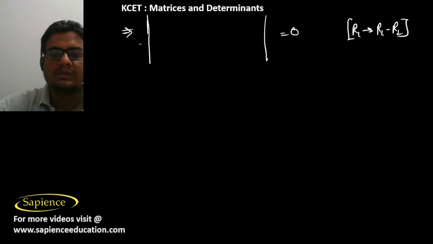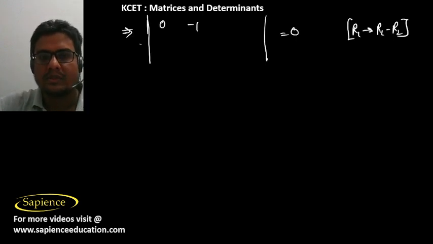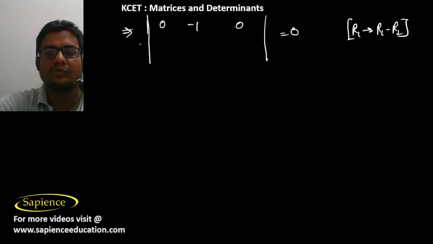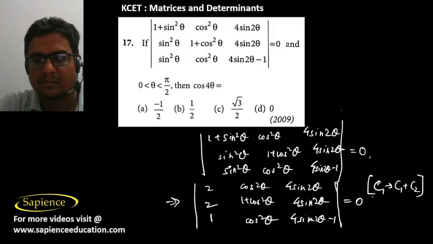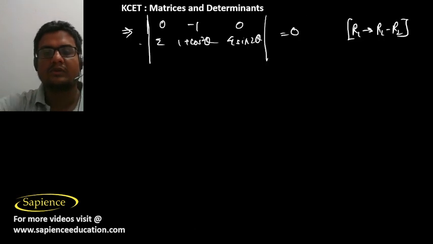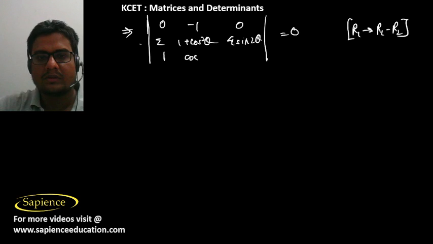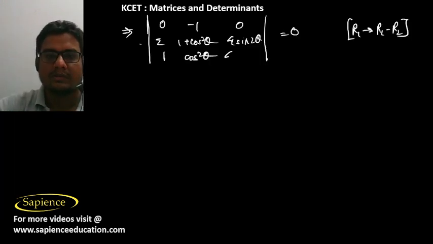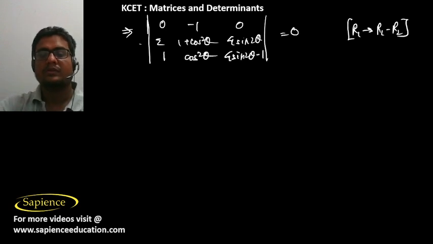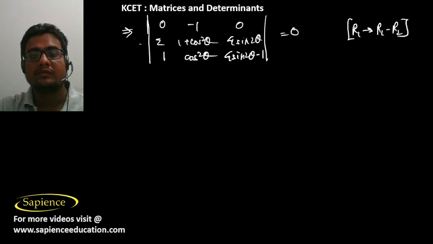So this is 0, minus 1, and then 0. Then in the second row we will have 2, 1 plus cos square theta, 4 sine 2 theta, then 1, cos square theta, 4 sine 2 theta minus 1. So this determinant will be equal to 0.